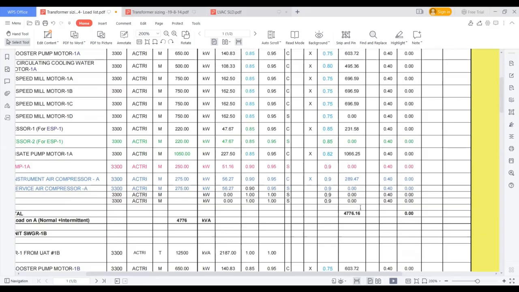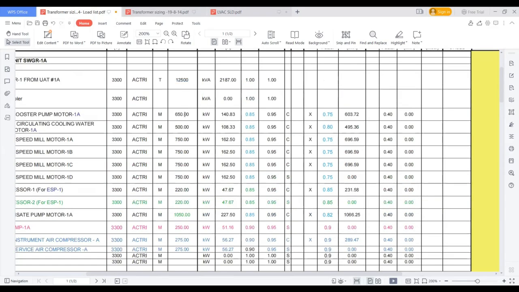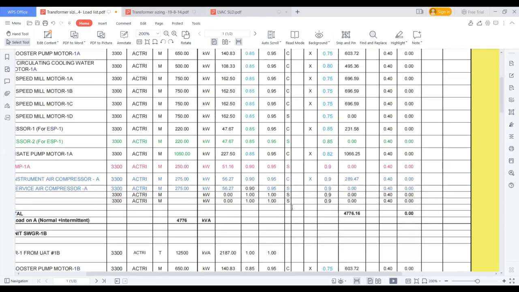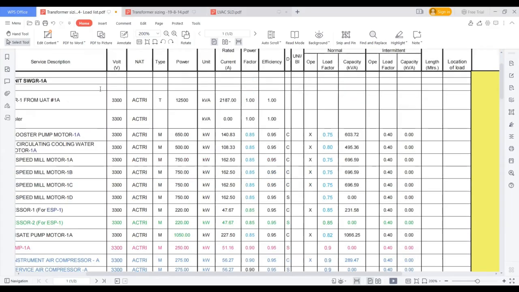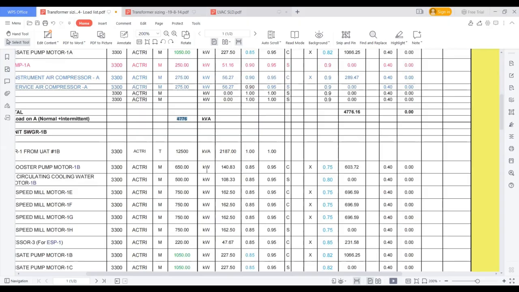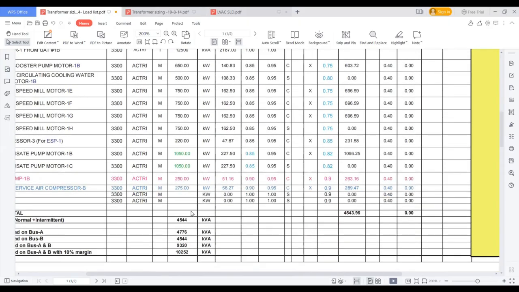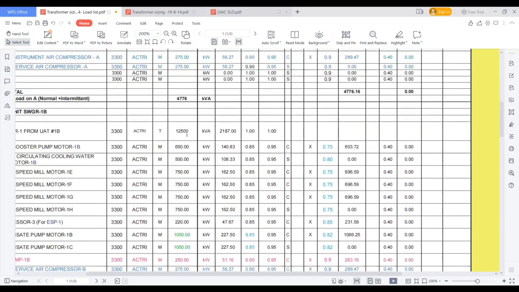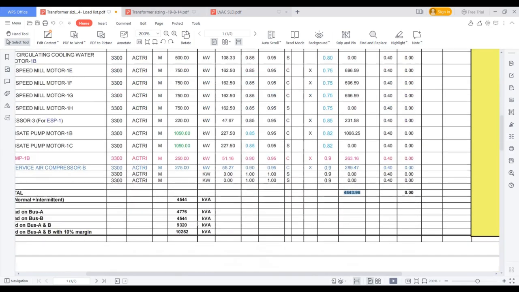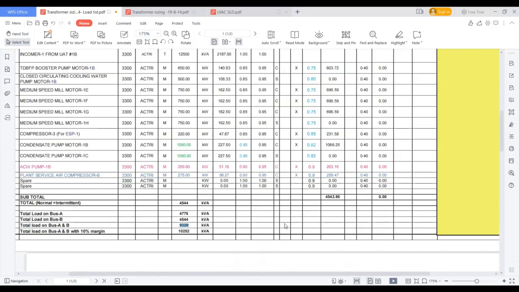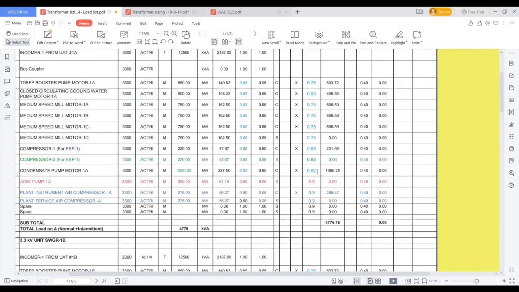This is my normal load for this switchgear. And similarly, I have one more switchgear, and these loads are 4543. So if I add both, I get 9320. This is my maximum demand of the system.